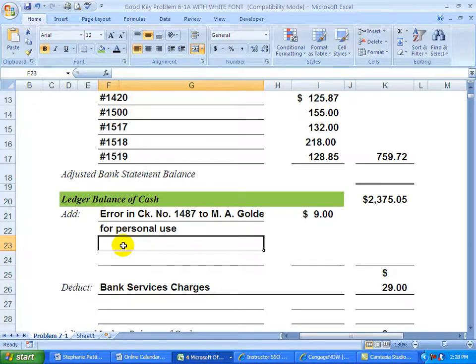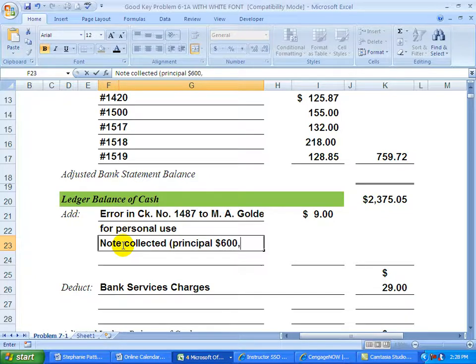So we're going to add the note collected, and it's going to be principal, $600, interest is going to be $15, and it's from C.G. Tolson.